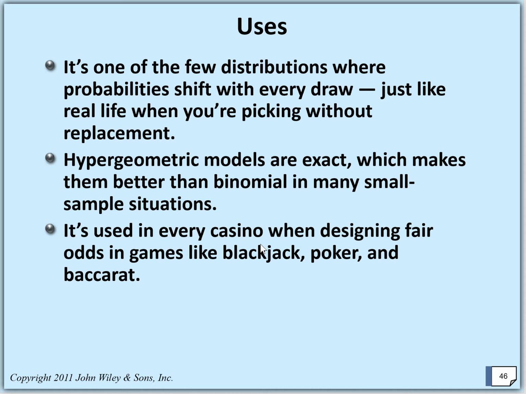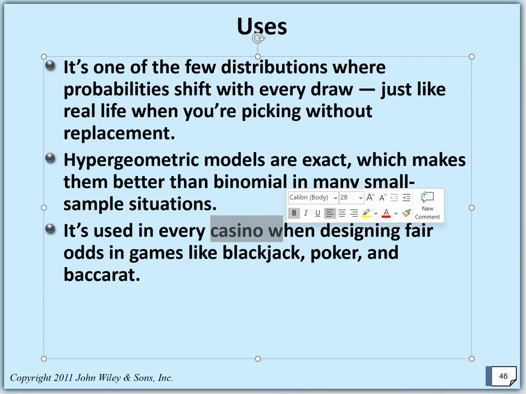So hypergeometric models are exact, which makes them better than binomial in many small sample situations. It is used in every casino, designing fair odds in games like blackjack and poker. In poker, once a card is dealt, it's gone, and then you wait for the next card, so the probability changes.